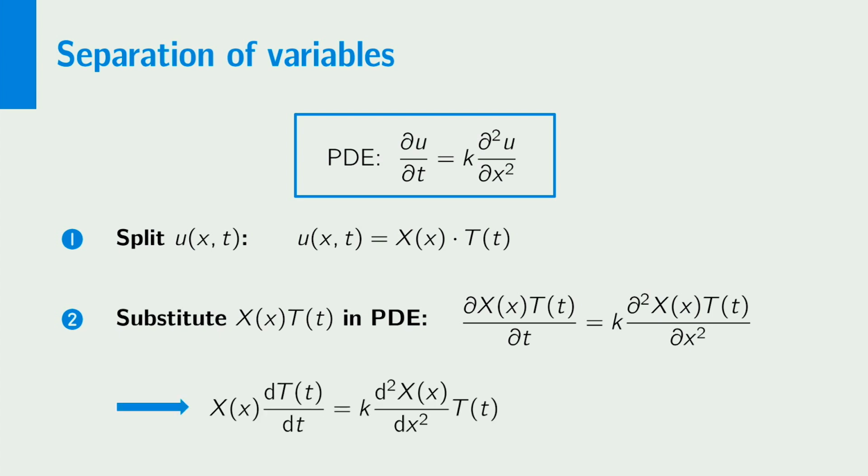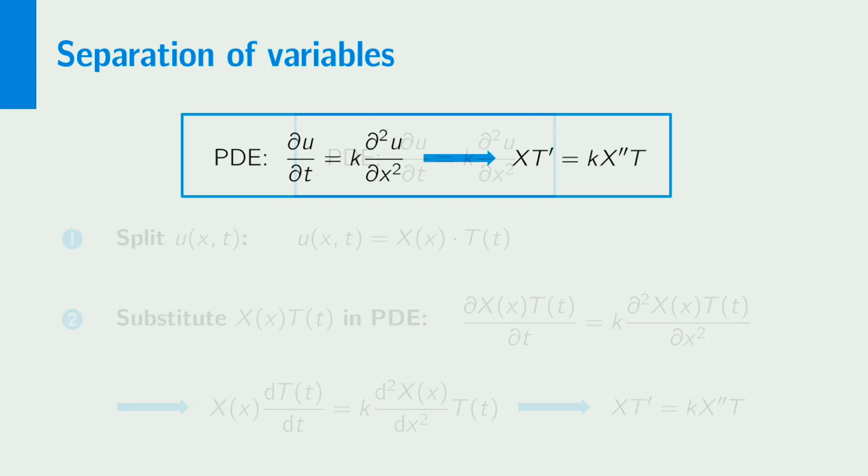Note that differentiation with respect to time has no effect whatsoever on the function X, but it does convert the function T to its derivative. Similarly, differentiation with respect to position on the right-hand side only acts on capital X. The resulting derivatives are no longer partial derivatives, and they will be denoted by primes.